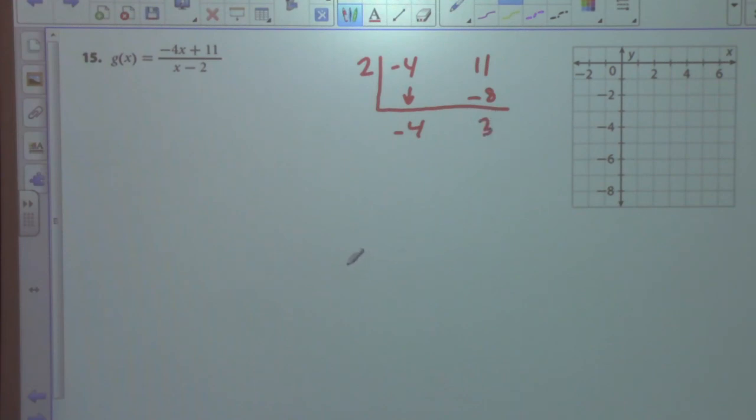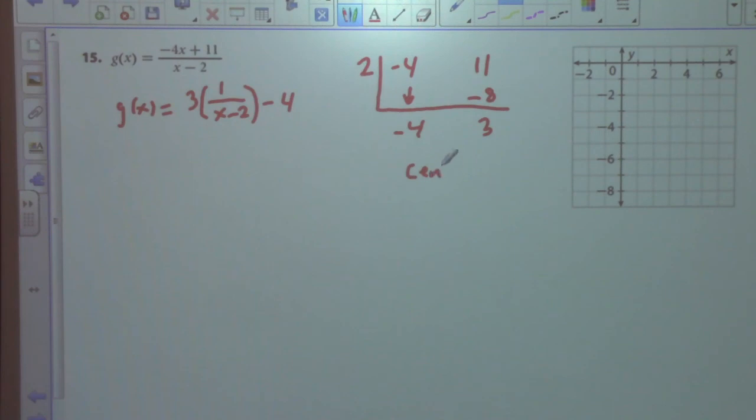Okay, so g of x is equal to 3 plus 1 over x minus 2, minus 4. Okay, so what is our center going to be?